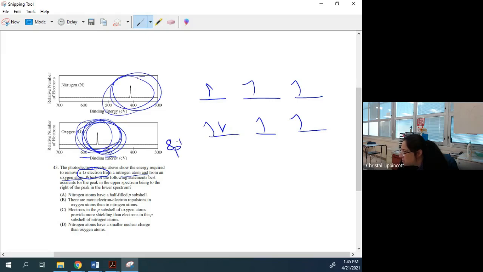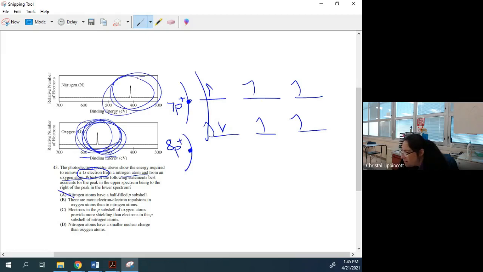This has 8 protons, this has 7 protons. What's holding that 1s electron? This is my second energy level here. What's holding that 1s electron on here? What's holding it into place? The protons. Have I changed anything here about the protons?